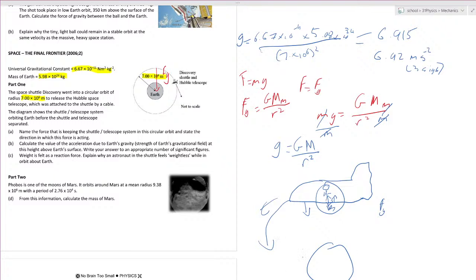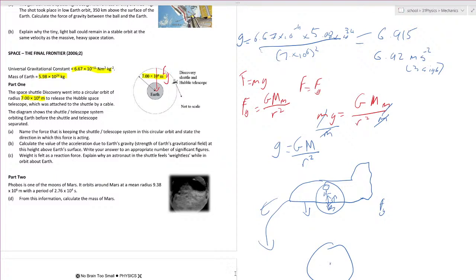Because the shuttle is falling at the same acceleration as the astronaut inside it is falling towards the center of the Earth, relative to each other they are not accelerating. So neither the shuttle nor the astronaut feels any force exerted by the other, because they're both falling at the same rate towards the center of the Earth.